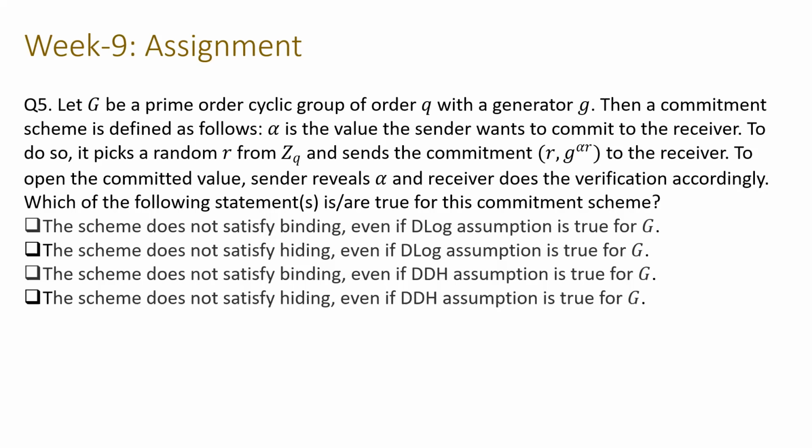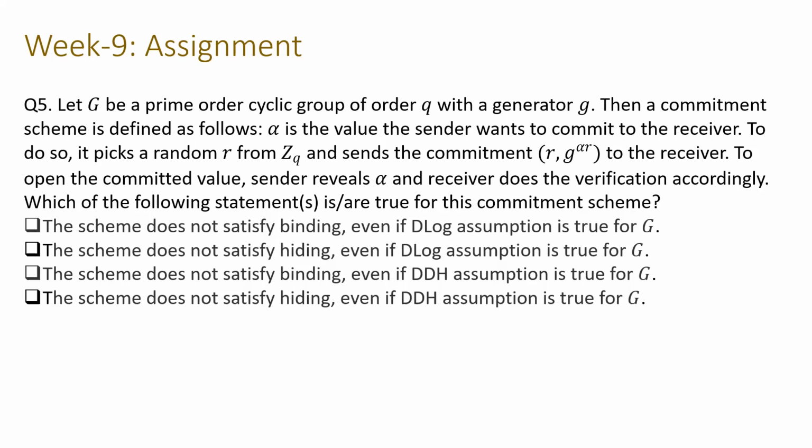first commits some value C corresponding to some message alpha. Now that is the commitment phase, which is over. Now in the revealing phase, the adversary reveals some other value alpha dash, which is different from the actual alpha that was committed in the commitment C. So it reveals some other alpha dash to the receiver, and when the receiver verifies whether the commitment C is indeed a commitment of alpha dash or not, it gets that C is indeed a valid commitment of message alpha dash.